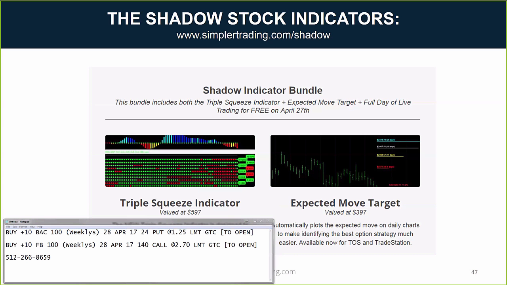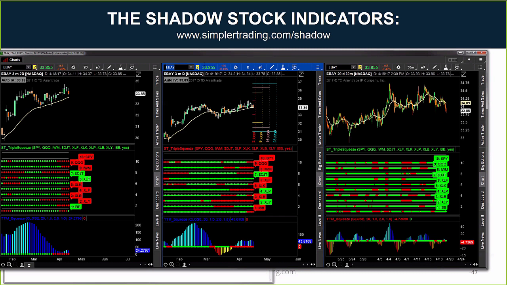So do you use the expected move combined with earnings play strategies? Yeah, we actually did a trade on eBay today on earnings. If you look at eBay here, you can see the expected moves on eBay.